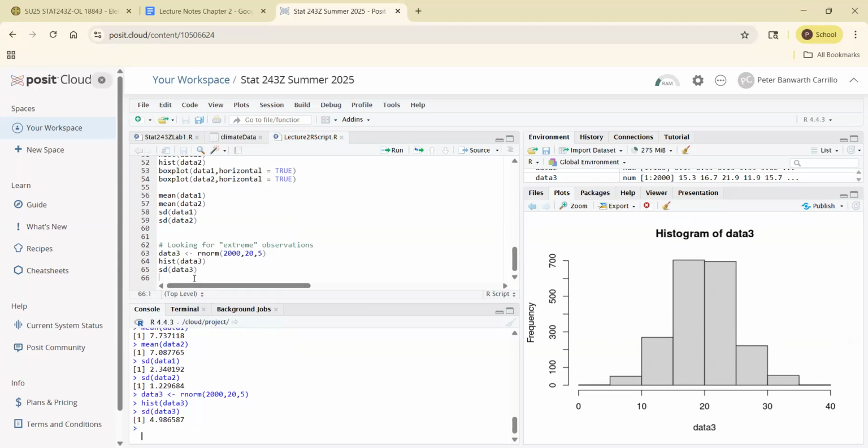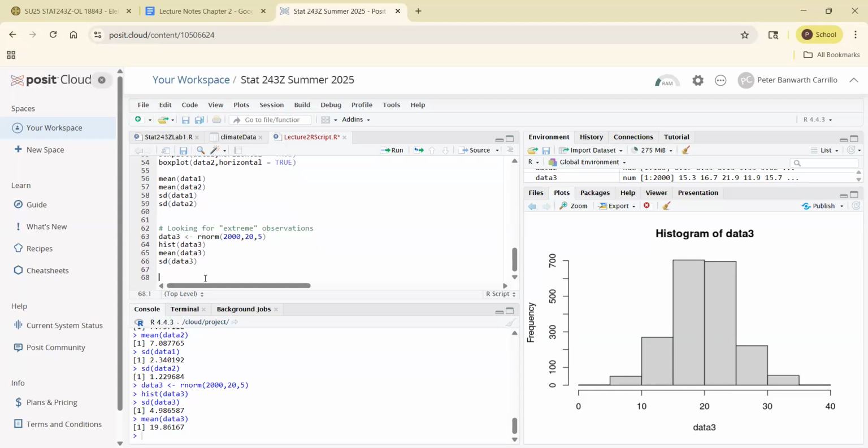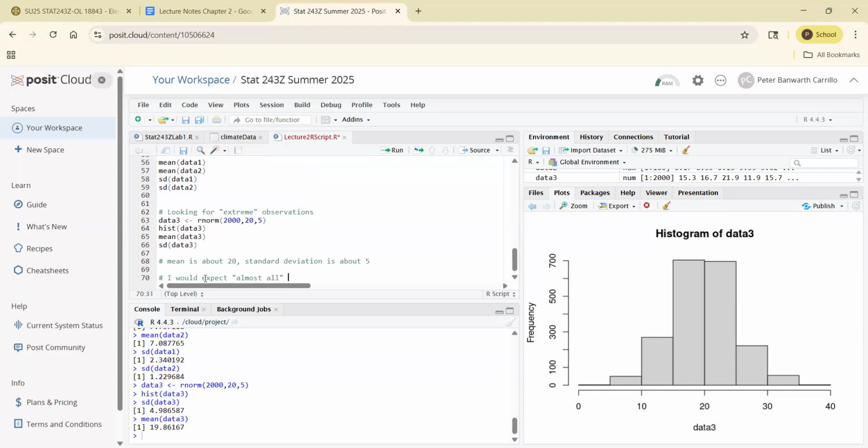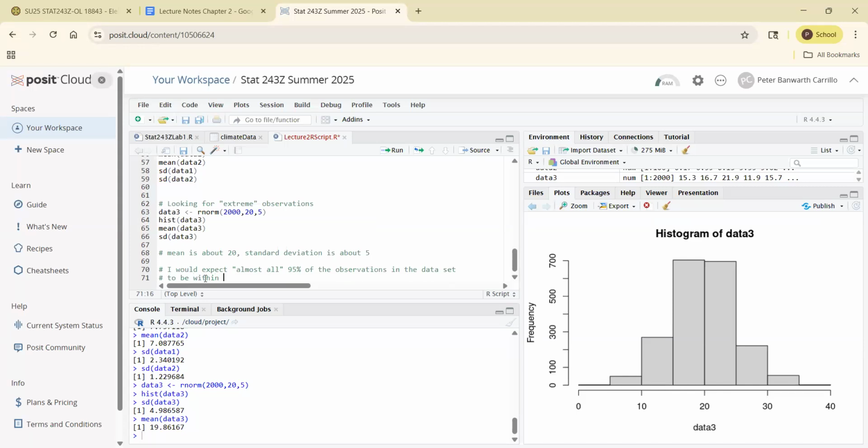So this means that, oh, and what's the mean of our data? Mean is 20. Standard deviation is about 5. So mathematically speaking, I would expect almost all, which in this case is 95%, of the observations in the data set to be within 2 standard deviations of the mean.